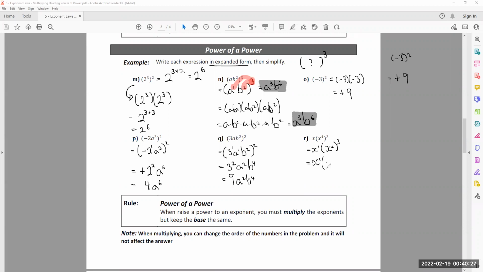Here we go. 4 times 3 is 12. So x to the power of 1 is multiplying, not an exponent of, not a power of, x to the power of 1 is multiplying to x to the power of 12. And using your exponent law, you know that's going to be an addition. The final answer is x to the power of 13.